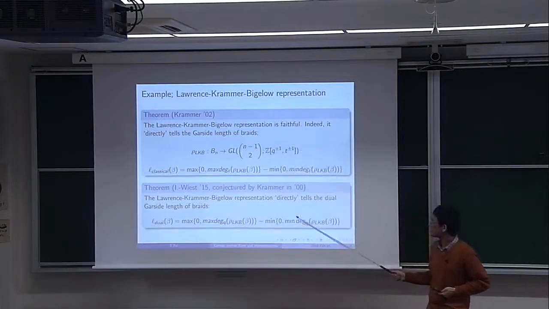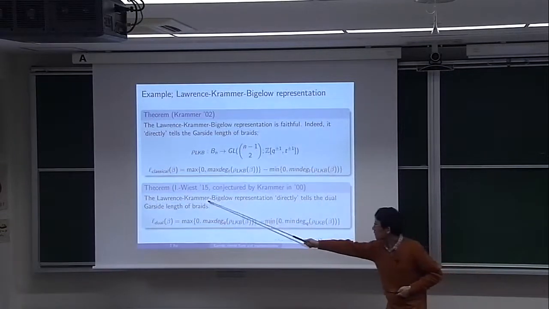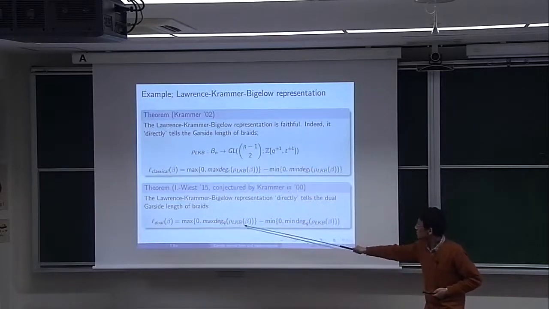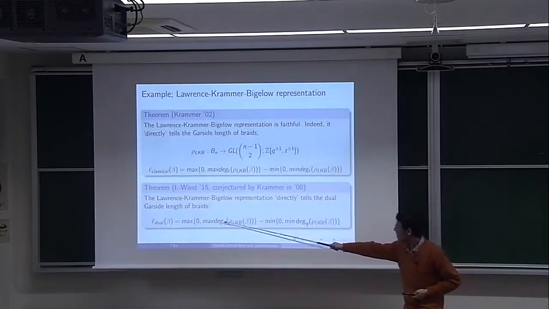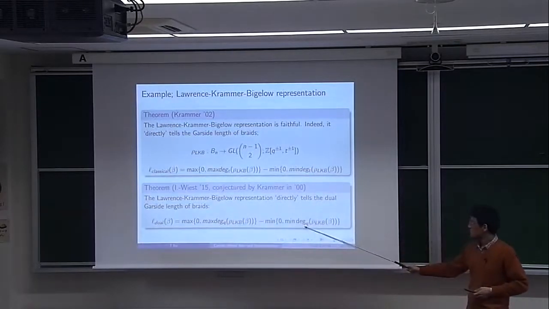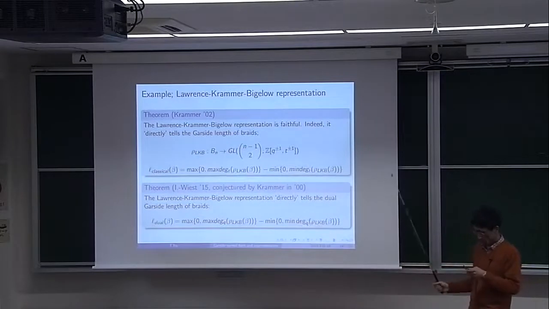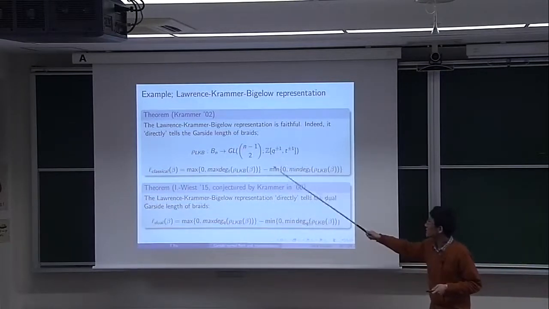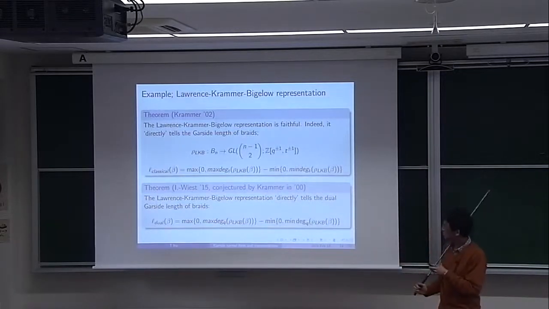The answer is the dual Garside length. The Lawrence-Krammer-Bigelow representation again tells the dual Garside length in a similar formula: the maximum q degree minus the minimum q degree. So it says that the Garside length is just the span of the variables t and q, respectively.